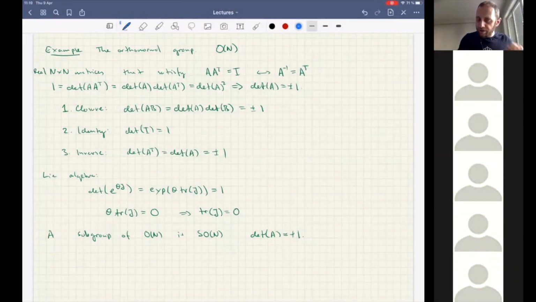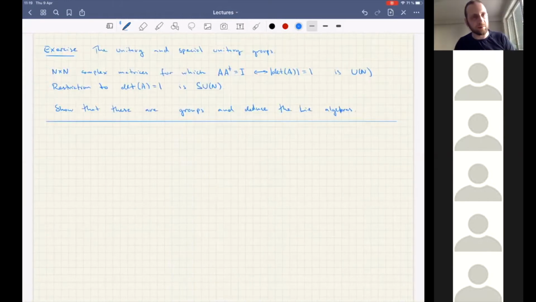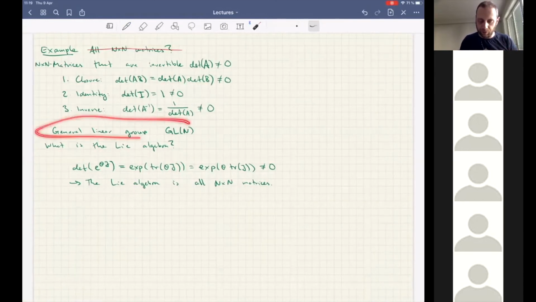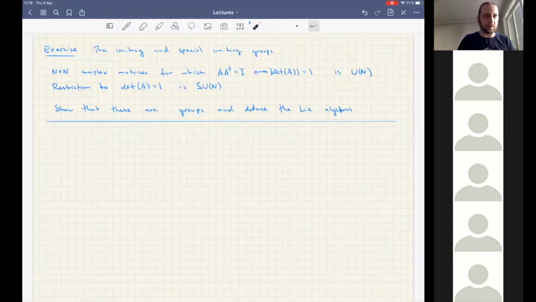Just during the break, I took the liberty of writing down an exercise. Again, this is not something we will do here in the lecture, but it might be good for your own understanding to check. Just as we saw at the end of the last hour that the orthonormal group was a group, and that the general linear group was a group, we can do the same thing for the set of complex n by n matrices such that A multiplied by its own Hermitian conjugate is equal to the identity.